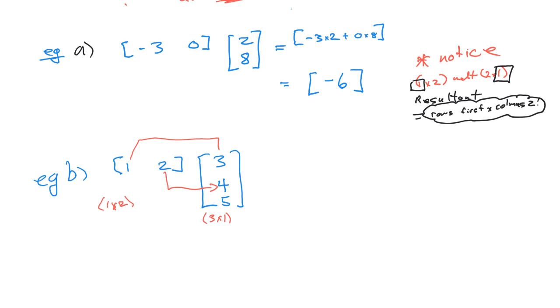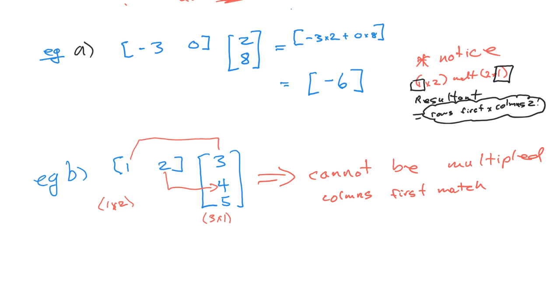You match the first element with the corresponding element in the column of the second, and they match. But when we get to the third calculation that involves the 5 that's here, they can't be multiplied, because the number of columns from the first doesn't match the number of rows from the second. If that doesn't happen, then you can't multiply them.